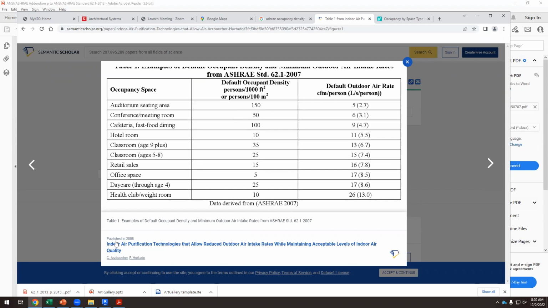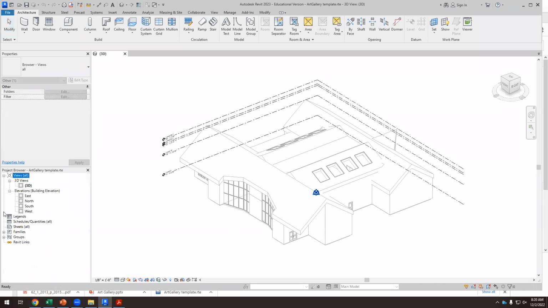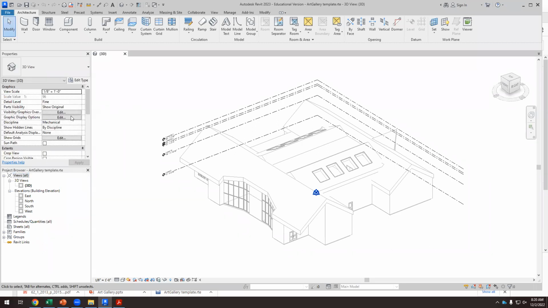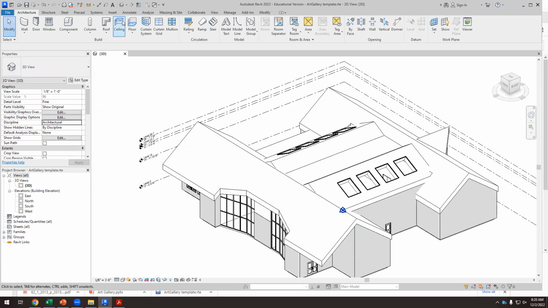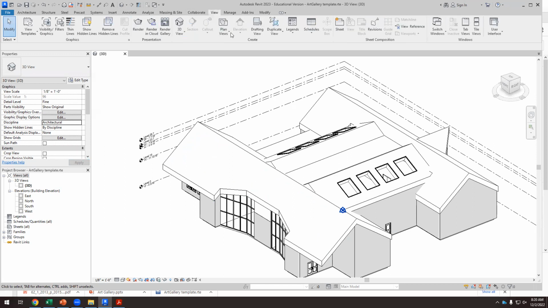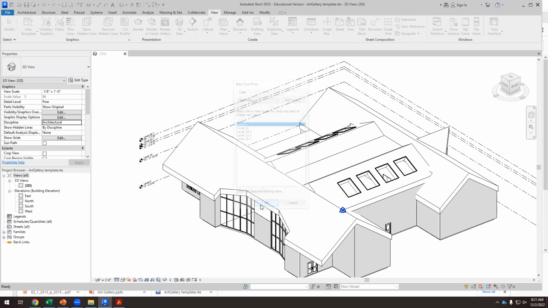So if we don't find art galleries, then we can always go to Revit. And in Revit, if you open the plan view, if I switch this into architecture, then I go to view, plan views, level 0.